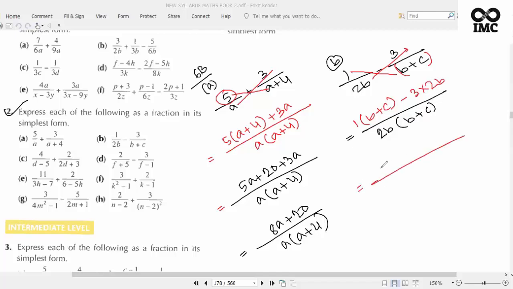So, 1 into b plus c, that will be b plus c, minus 3 2s are 6, divided by 2b into b plus c. So, here minus 6b plus b, minus 5b. So, c minus 5b divided by 2b into b plus c.